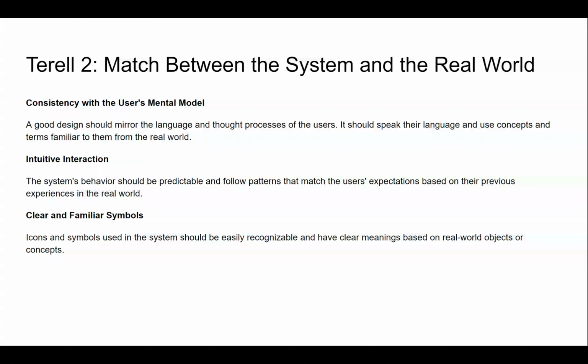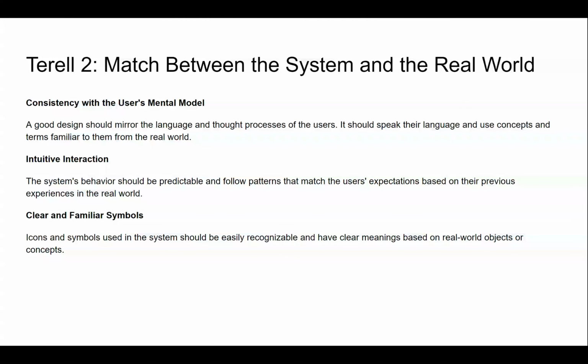Now, the second one is the system's behavior should be predictable and follow patterns that match the user's expectations based on their previous experiences in the real world. Right. So, what does this mean?